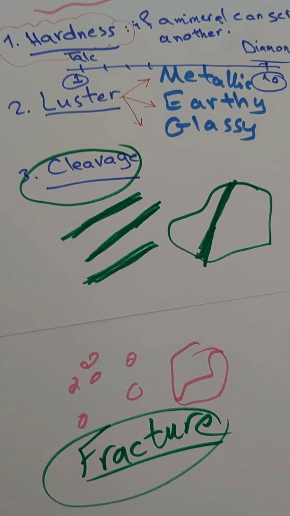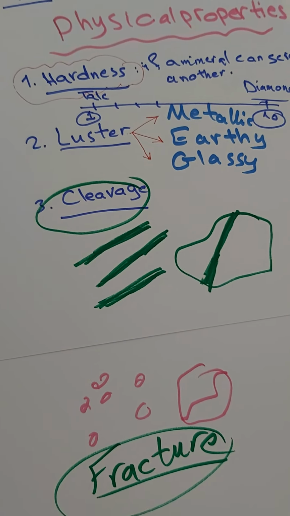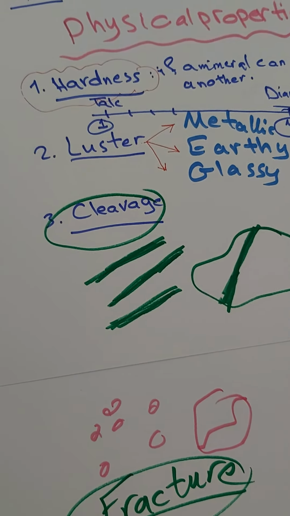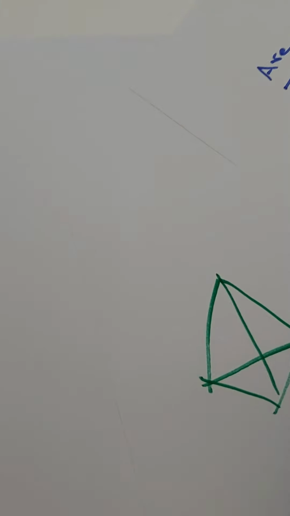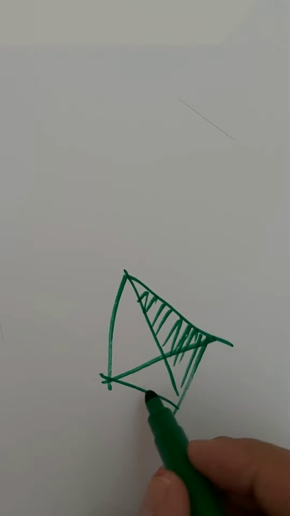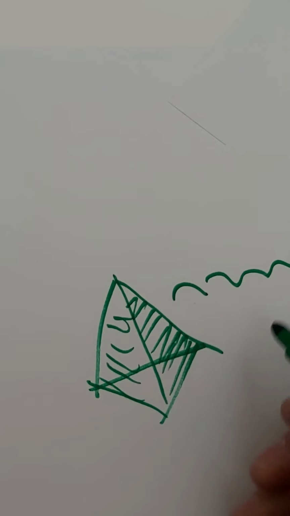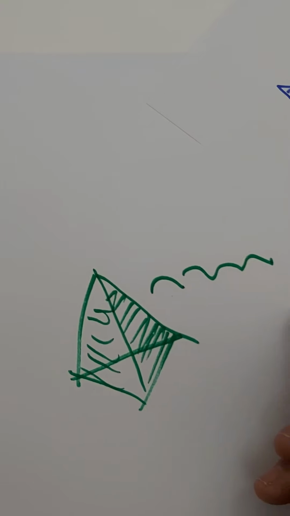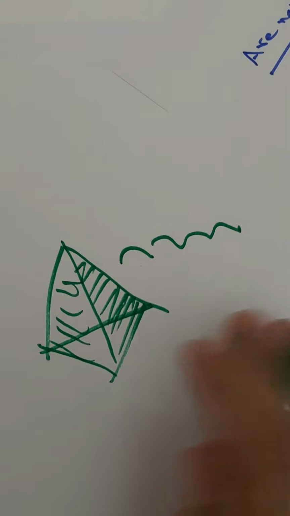Okay, so what is a mineral? It is a non-living solid that has a crystal form, and these solids appear in different shapes, like a prism, for example like this. Like a pyramid, like this pyramid. Other minerals have other shapes, and they are repeated. So we said they have a crystal form, and these shapes are repeated.